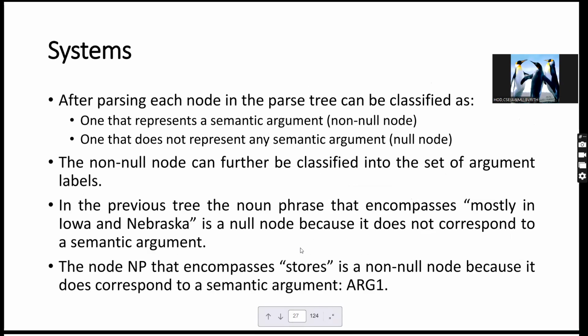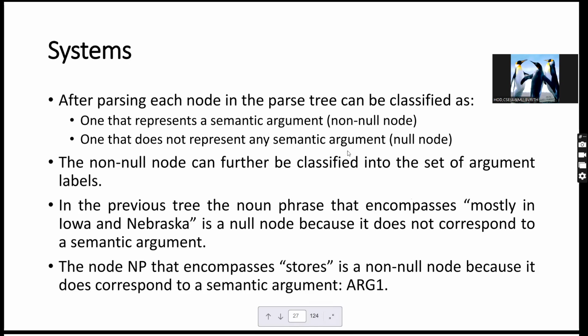Okay. So next, once we have made these argument classifications and identifications, we go for the parsing of each and every node. That is, this PropBank or treebank which is created will be parsed, which makes the semantic parsing.